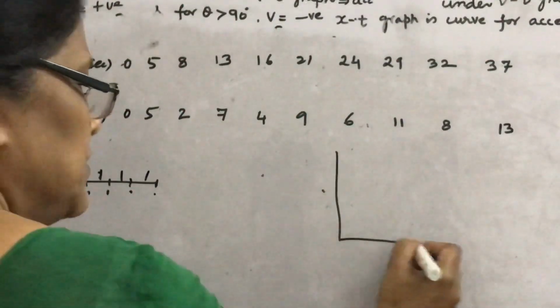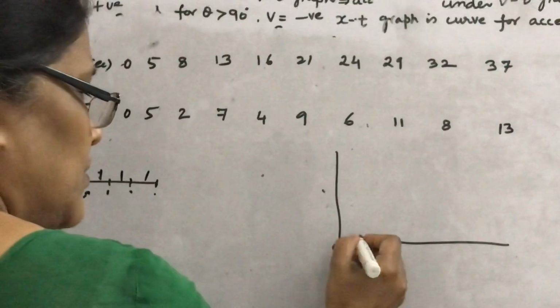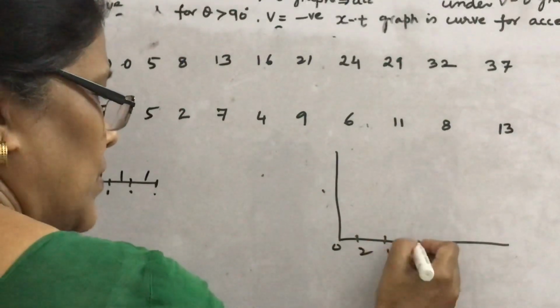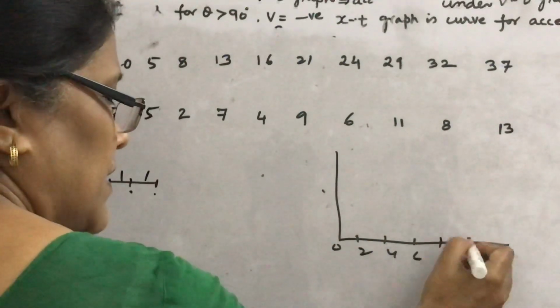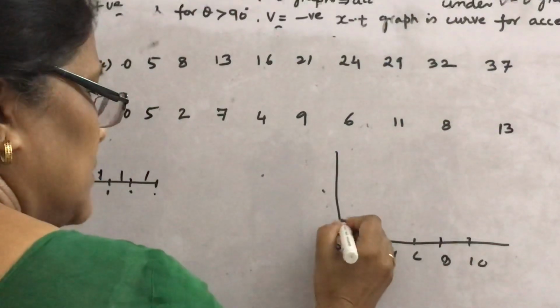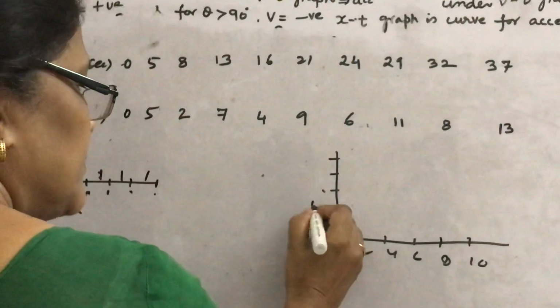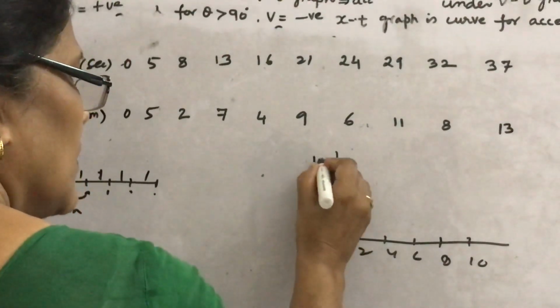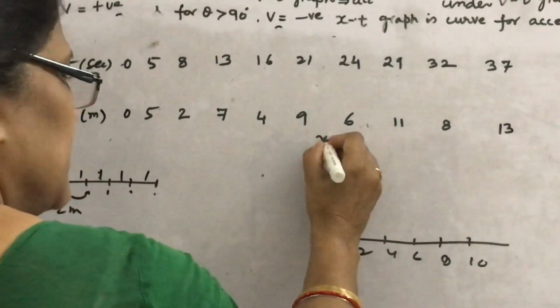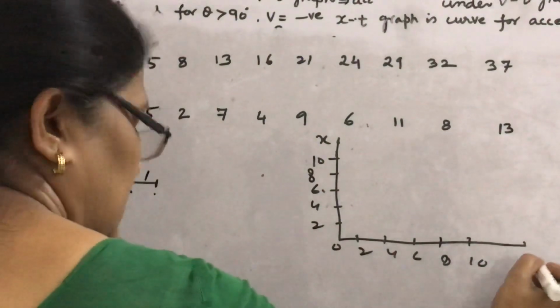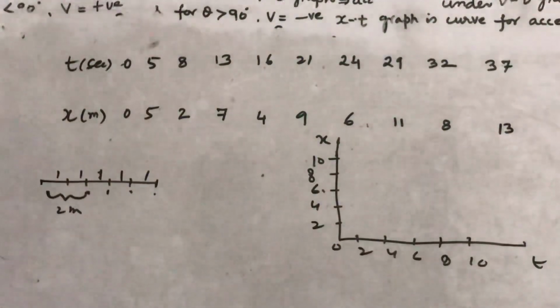As per the values given here, you take 0, 2, 4, 6, 8, 10 like this, and here also 0, 2, 4, 6, 8, 10. Here this is position and this is time. Then what will you find?